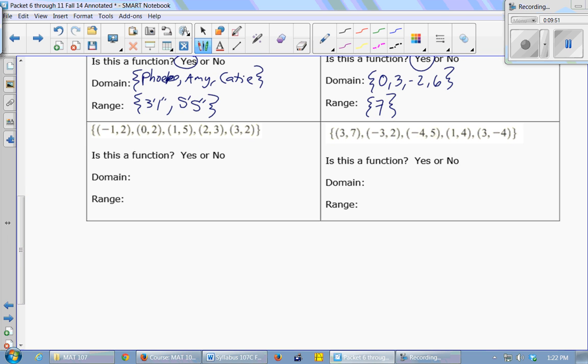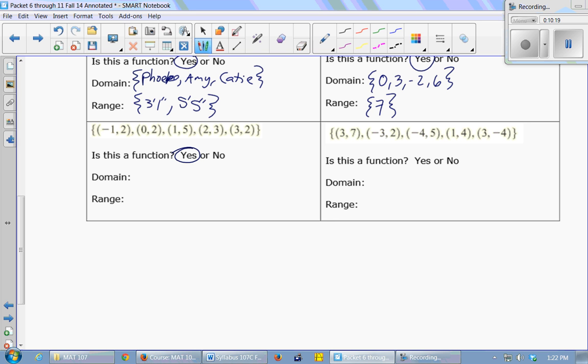Okay, next one. I have just a list of points. So the x coordinate of my points, those are the inputs. I'm going to type them into my database. If I type in -1, what do I get? Good. If I type in 0, what does the database give me? 2. Type in 1, I get 5. Type in 2, I get 3. Type in 3, I get 2. So yes, this is a function. I never confuse the database. If I give it an x, it always knows what y to tell me.